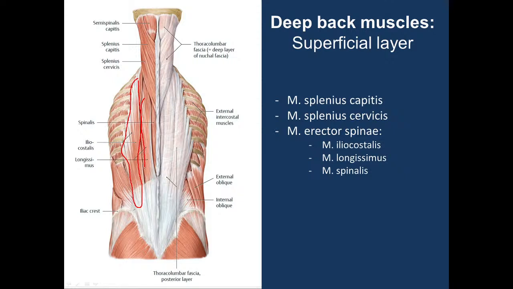The intermediate position has musculus longissimus, which means the longest muscle in the back, and the medial position here is musculus spinalis, this one. So these three muscles together form musculus erector spinae.